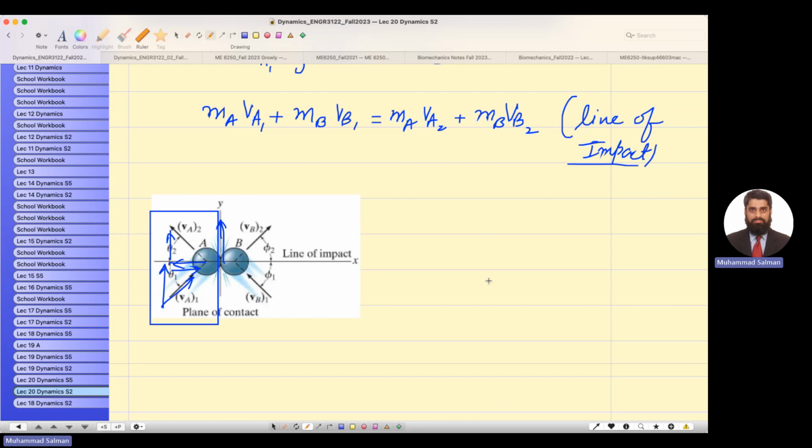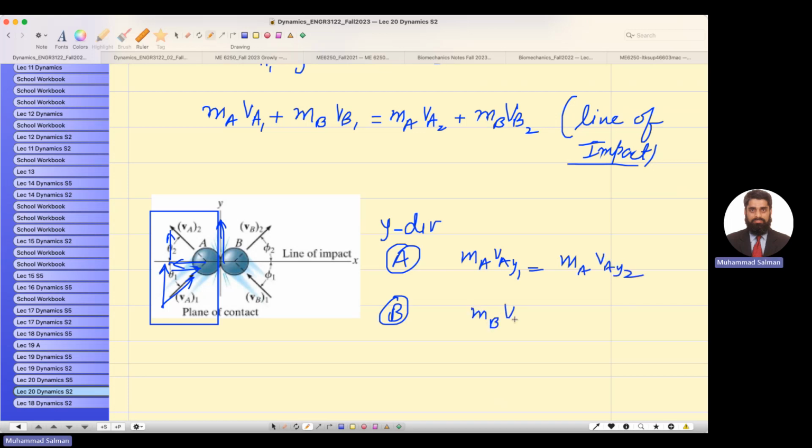How about the momentum conservation principle along the y direction? Because this is also true that there is a y component of velocity. So let me show you for y direction. You will do for both body A and body B. MA VA y1 equals MA VA y2.